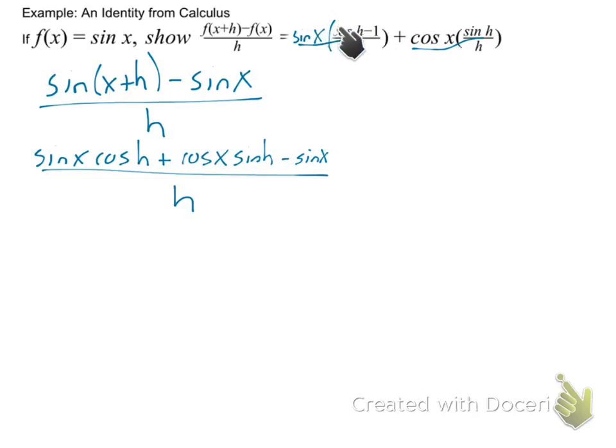If I was to distribute this in, wouldn't that be a sine cosine minus a sine? Do we have something like that here? A sine cosine minus sine? So what they're trying to say is, what if I put those things together?